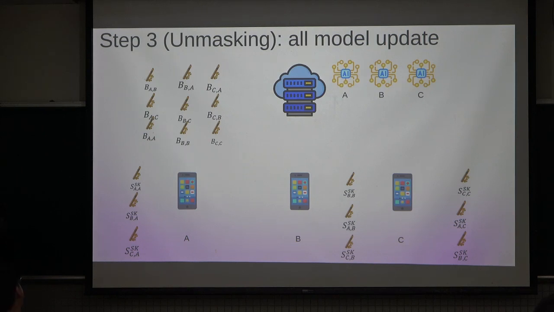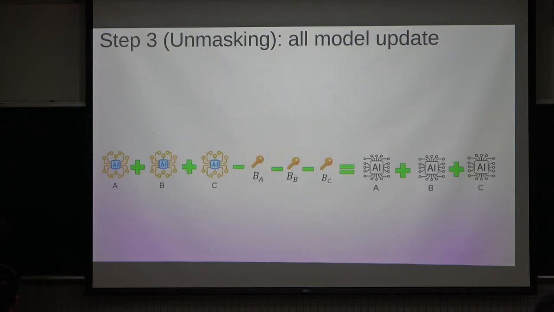It can repair the original seed B and use this seed B to subtract the mask that was generated by this seed B, and they can get the sum of the original models.